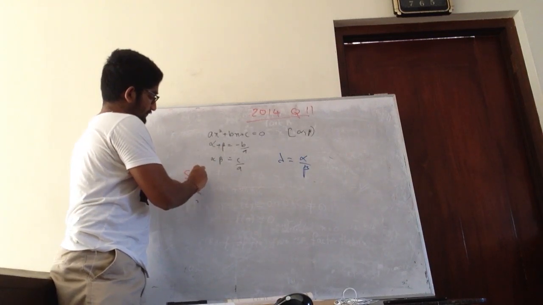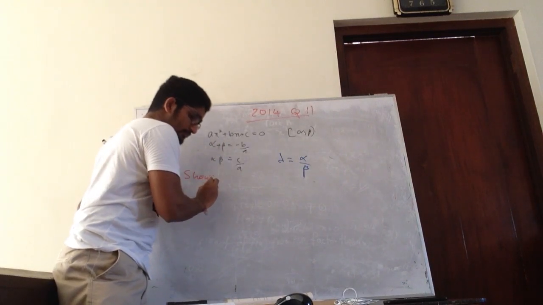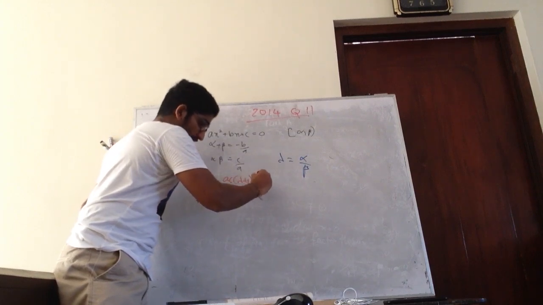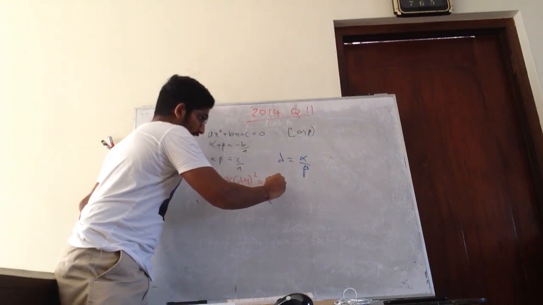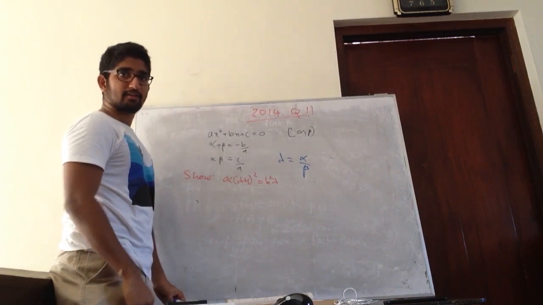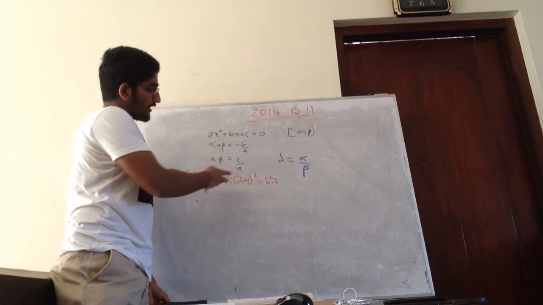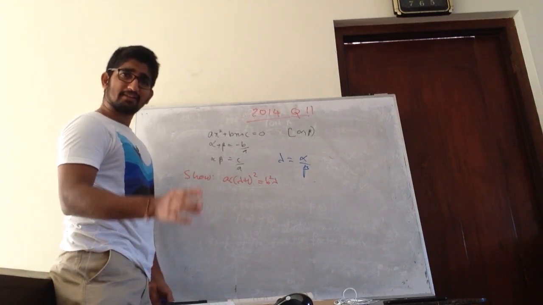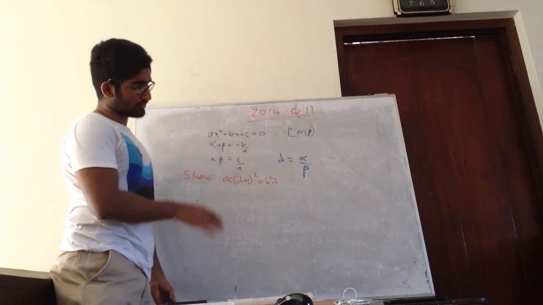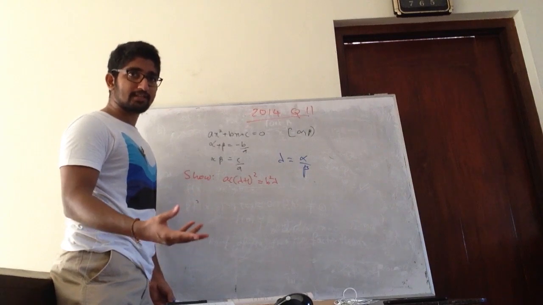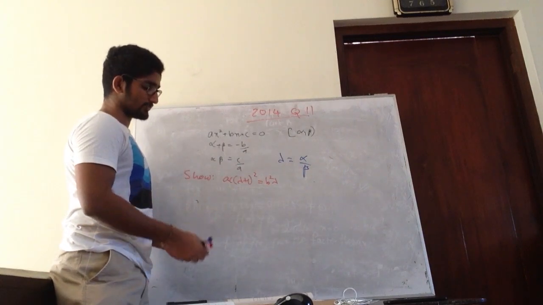Show ac(lambda plus 1) squared equals b squared lambda. Right? Now you can find it in this way, but it can be tricky. For this sum it might not be that tricky, but it's always safer and easier if you can isolate this term.